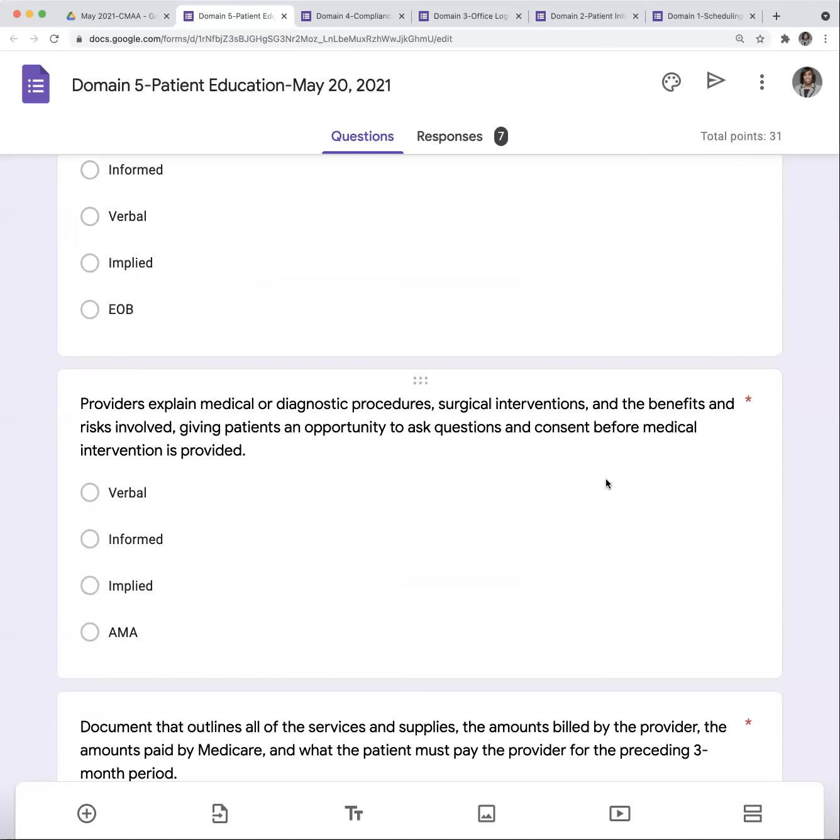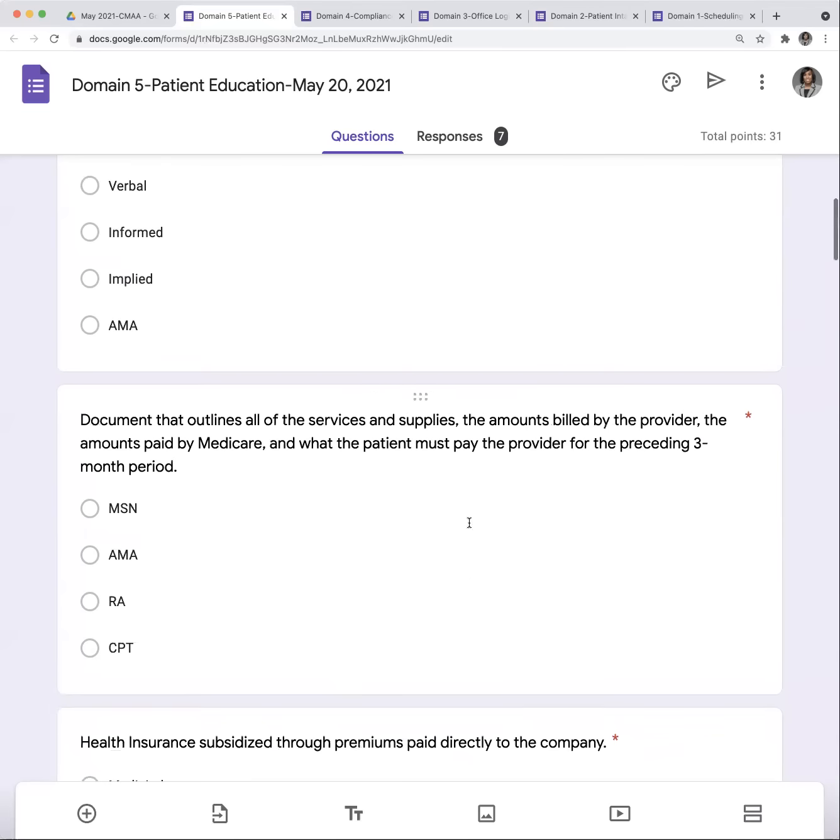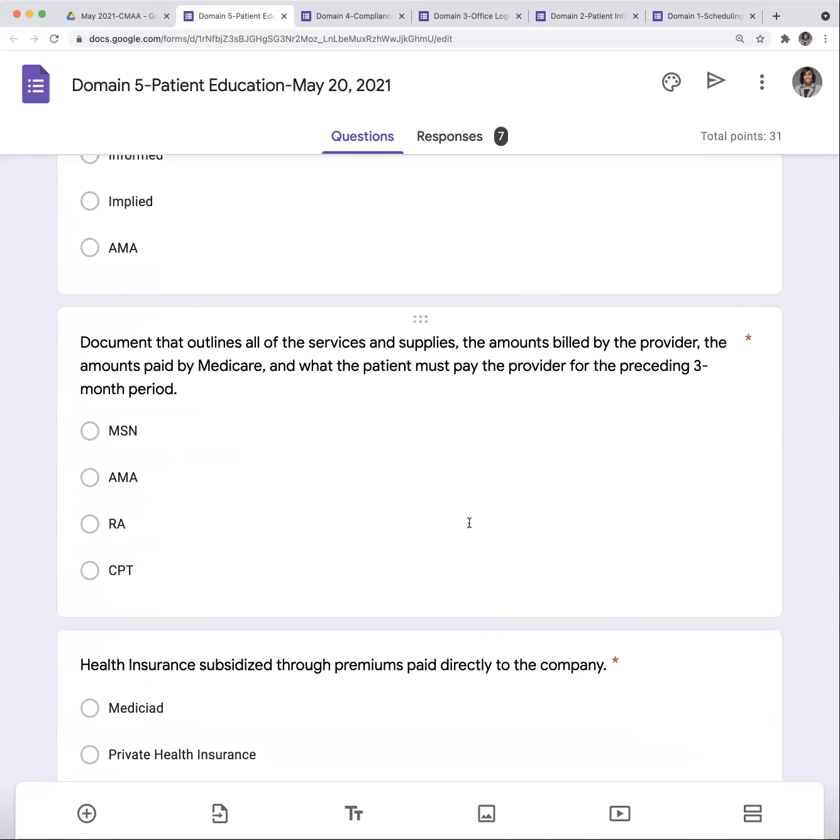Providers explain medical or diagnostic procedures, surgical interventions, and benefits, and the risk involved, giving patients an opportunity to ask questions and consent before medical intervention is informed. It is informed. A document that outlines all of the supplies and services, the amounts billed by the provider, the amounts paid by Medicare, and what the patient must pay the provider for the preceding 3-month period.